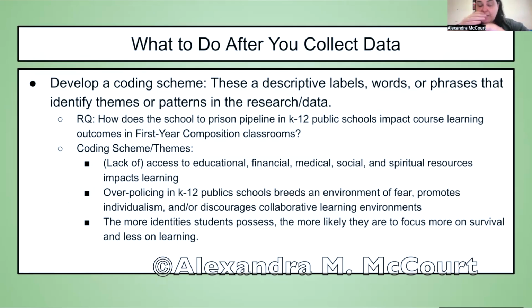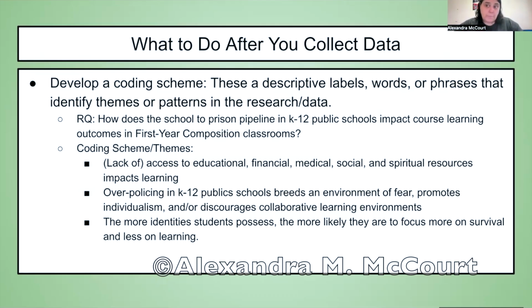So in this case, a coding scheme requires us to have a question. So let's just say, for example, my research question is, how does the school to prison pipeline in K through 12 public schools impact course learning outcomes in first-year composition classrooms?